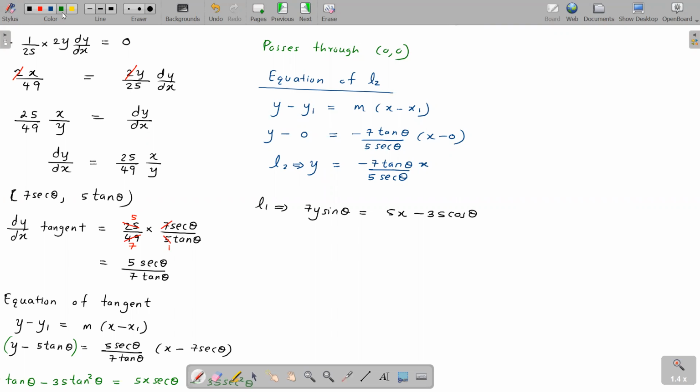All I need to do is take that y value and input it here. I'll keep 7 sine theta and input the y. Who is y? Minus 7 tan theta over 5 sec theta times x, equals 5x on the other side.